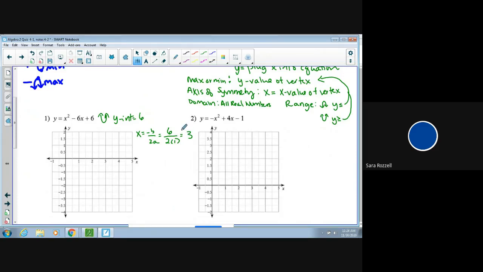So once you know the x-coordinate, to find the y-coordinate you're going to plug it into the equation. So we're going to plug 3 into every single x value. And this is where I like to use my calculator so I'm not making little mistakes. Does everybody see I put the 3 into every x? So y equals 3 squared minus 6 times 3 plus 6.